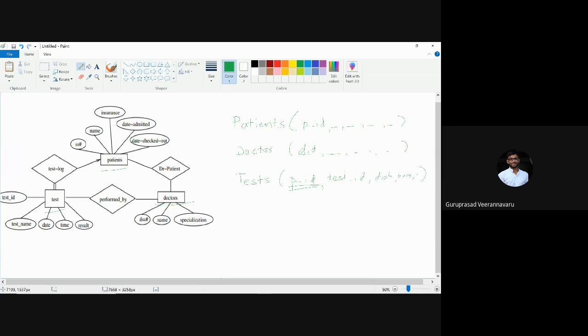Okay. Now if I want to check the combination between patient and doctor, I can create one table called patient doctor mapping. For a particular patient, who are the doctors? So I'll have PID and then doctor.